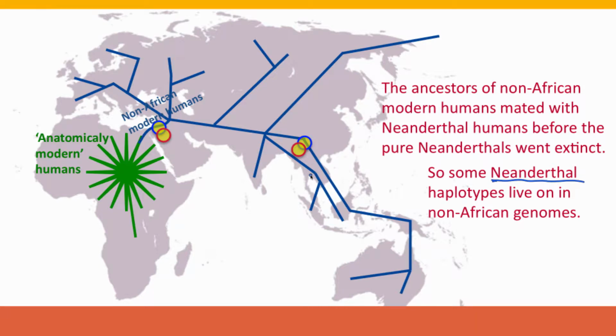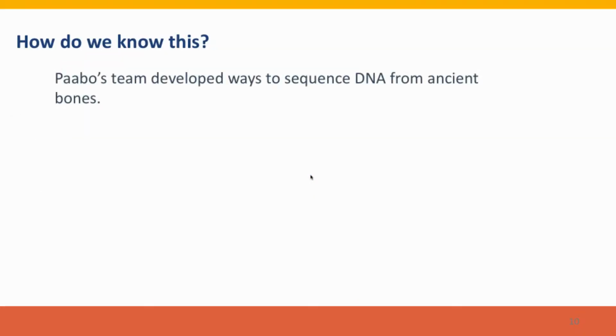Now, this is pretty detailed considering none of us were there to watch this happen. How do we know this? Well, we know this because Dr. Pääbo's team has developed sophisticated ways to sequence DNA from ancient bones, even though that DNA is very badly degraded. It's broken, it's damaged in many ways, but they can sequence it.